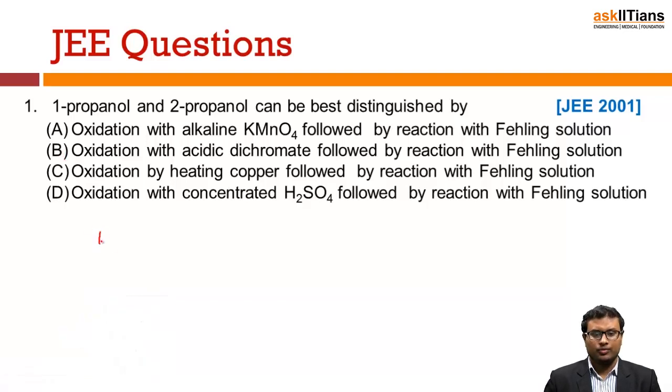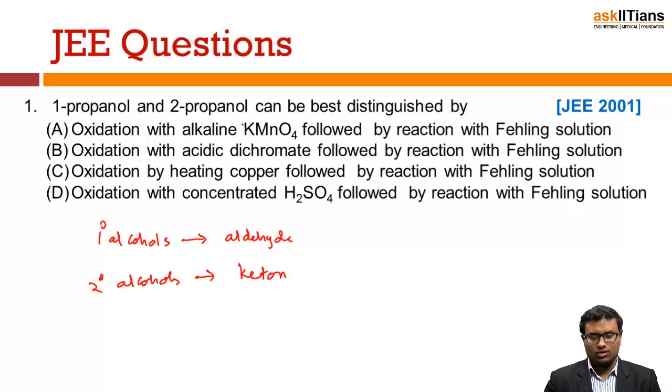You know that a 1 degree alcohol on oxidation gives aldehyde, and a 2 degree alcohol converts into ketone. Option A is oxidation with alkaline KMnO4 followed by reaction with Fehling's solution. B is oxidation with acid dichromate followed by reaction with Fehling's solution. C is oxidation by heating copper followed by reaction with Fehling's solution. D is oxidation with concentrated H2SO4 followed by reaction with Fehling's solution.